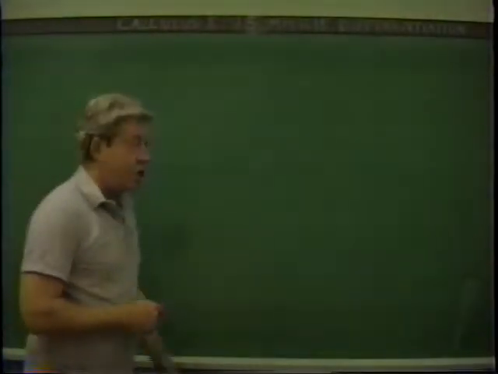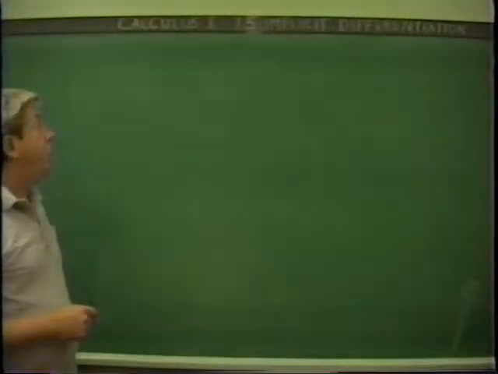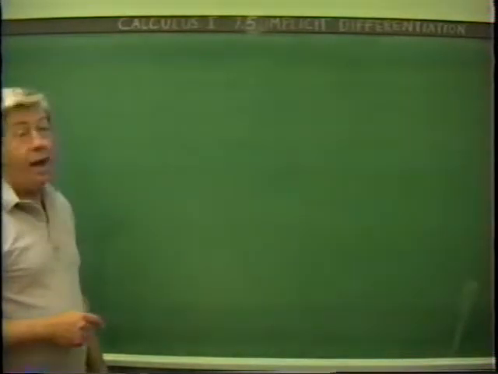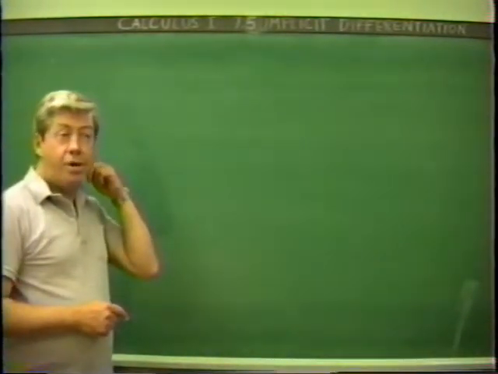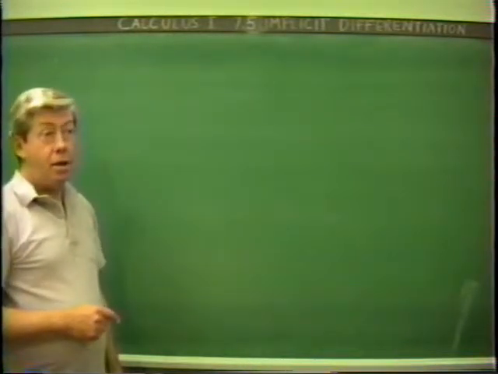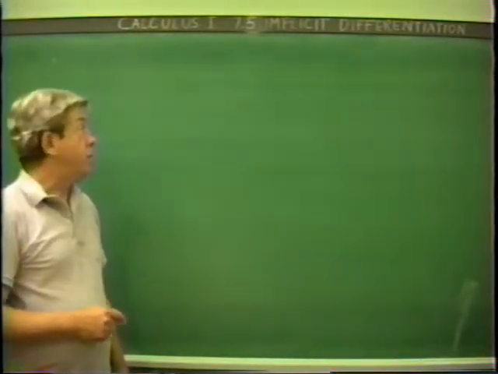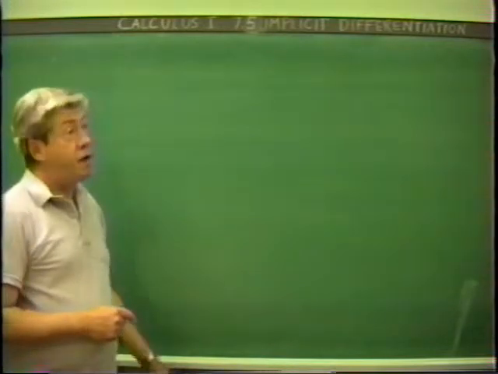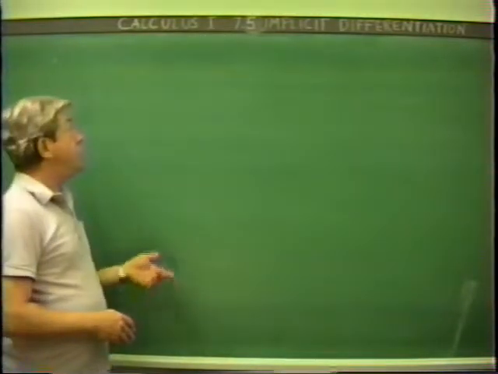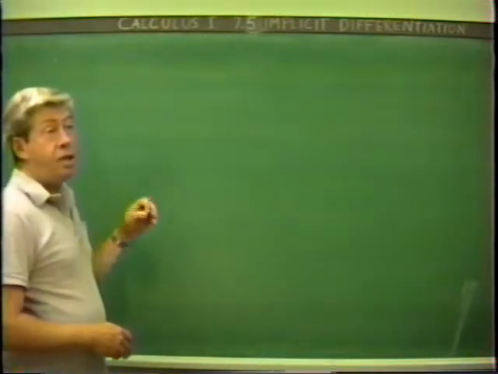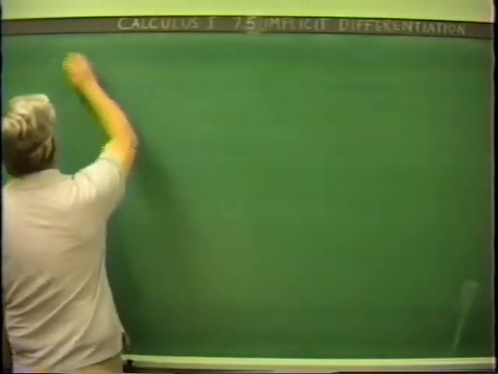I want to point out one further thing here with respect to implicit differentiation, and that is that you can have an equation in x and y where x and y are considered to be functions of a third variable, or you can have equations in quite a few variables, all considered to be functions of another variable, and differentiate implicitly, treating the various unknowns as if they were functions of a given variable.